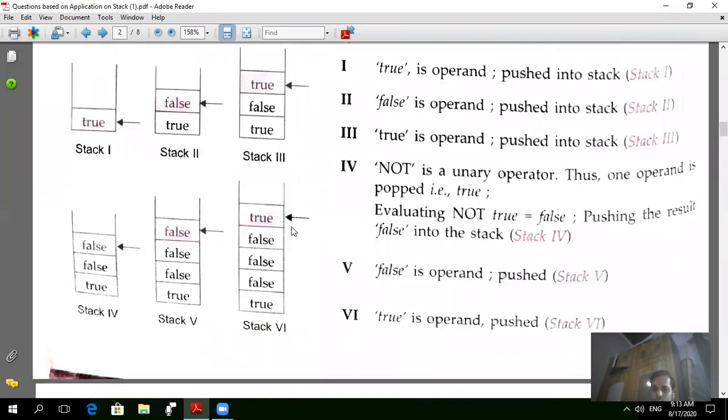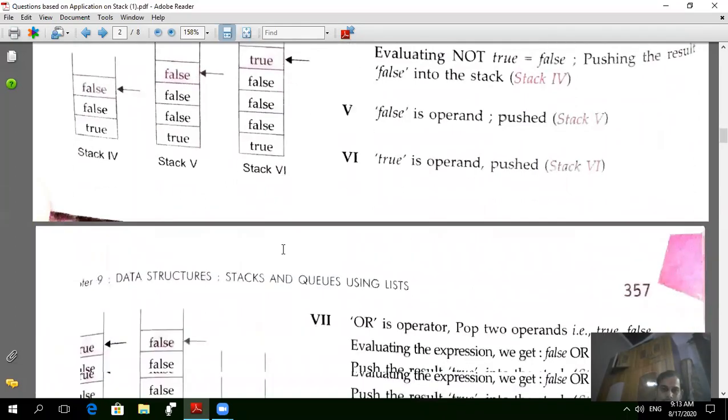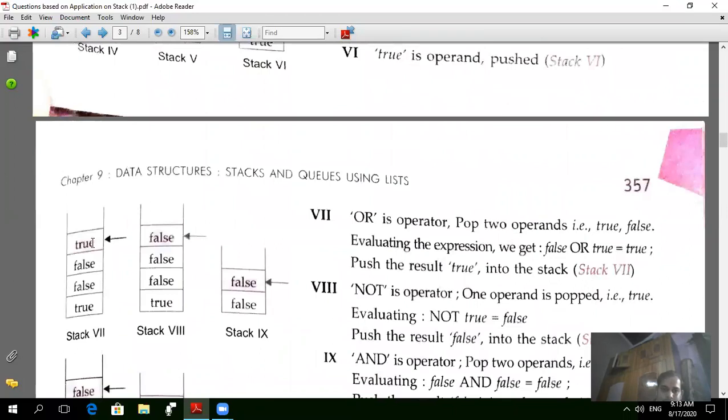So the last two values will be popped from the stack, then true or false. What is the result of true or false? True. Very good. True is assigned, this is the result, and it will be assigned in stack number 7.